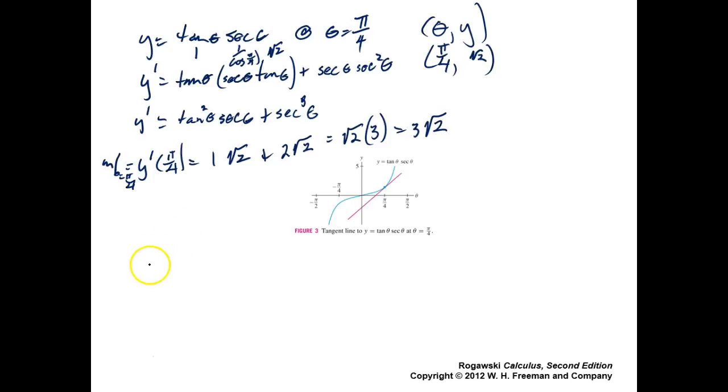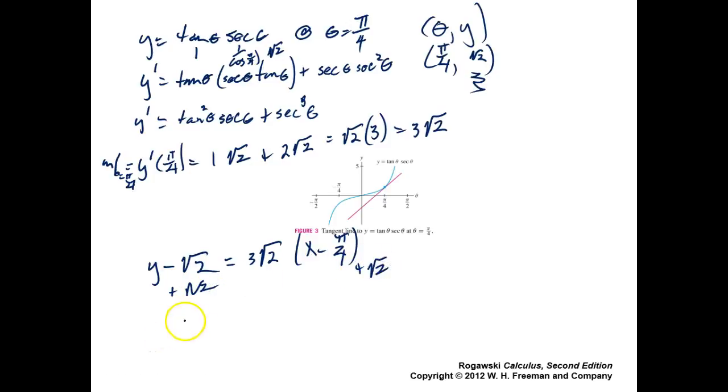What will that be? y minus y1 equals m times x minus x1. So y minus root 2 is equal to 3 root 2, there's your slope, times x minus pi over 4. Looks a little messy, but add a root 2 to both sides.